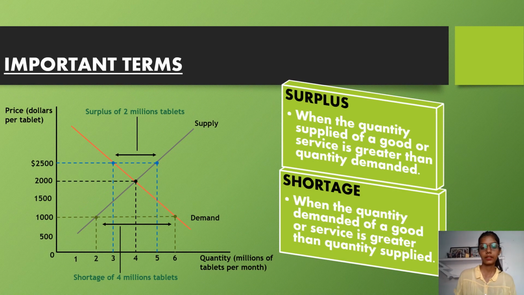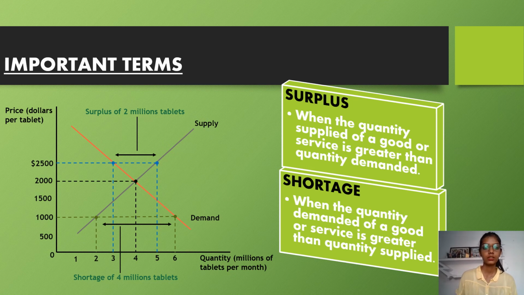There are terms that are important for this topic: surplus and shortage. When the quantity supplied of a good is greater than the quantity demanded, it is surplus. On the other hand, when the quantity demanded is greater than the quantity supplied, there is shortage.